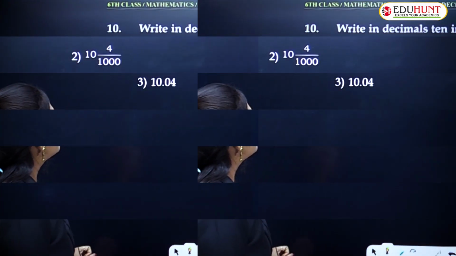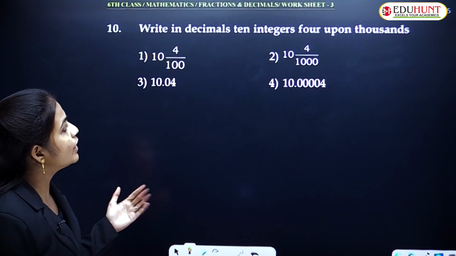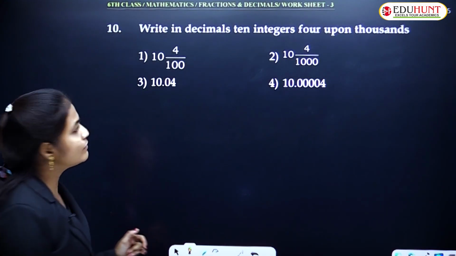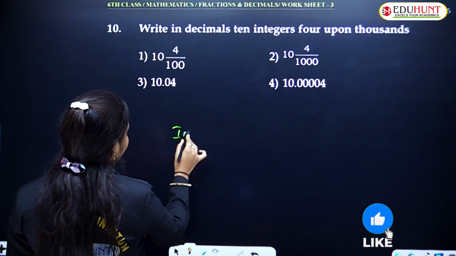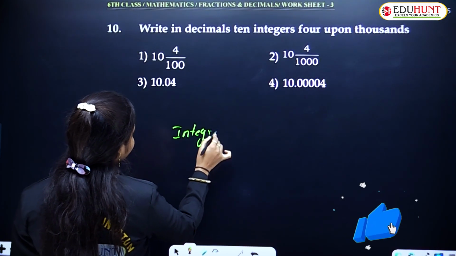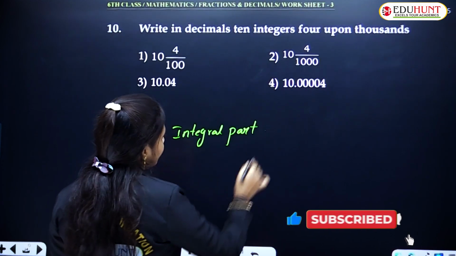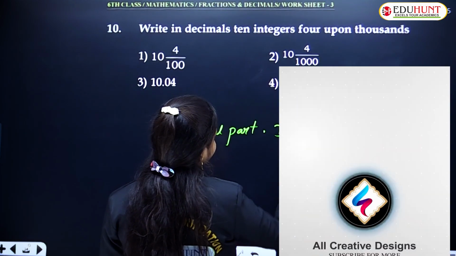Next, 10th one. Write in decimals: 10 integers 4 upon thousands. As per this, which option is correct? It says 10 integers, so here we have the integral part, then the decimal point, and here the decimal part.